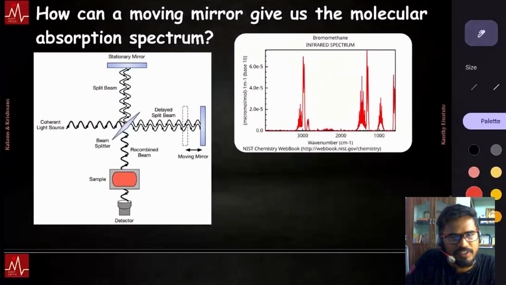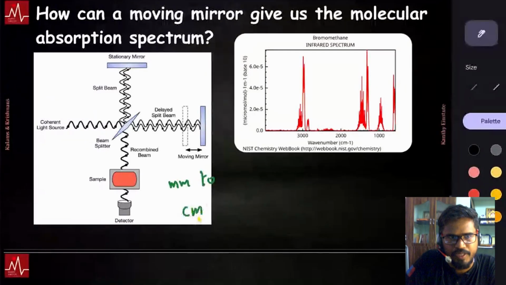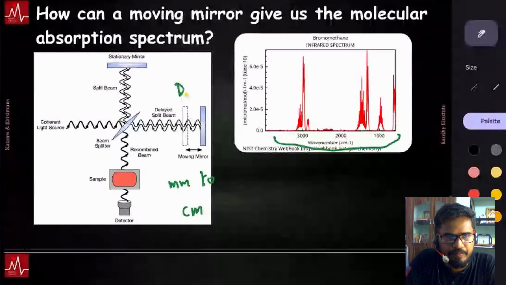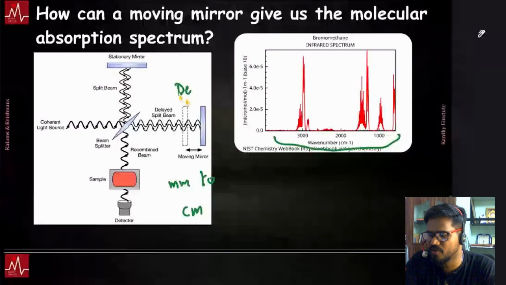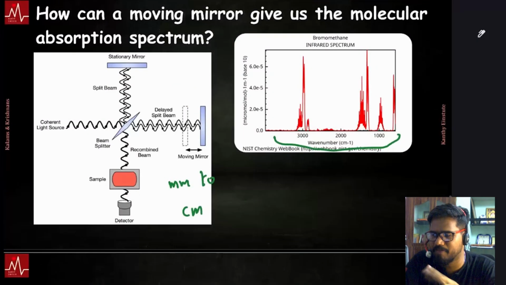This mirror movement is going to be roughly millimeters to centimeters, and there is decoding going on here. When you add two sinusoids, there is the cos A plus cos B formula, where B is A plus phi.